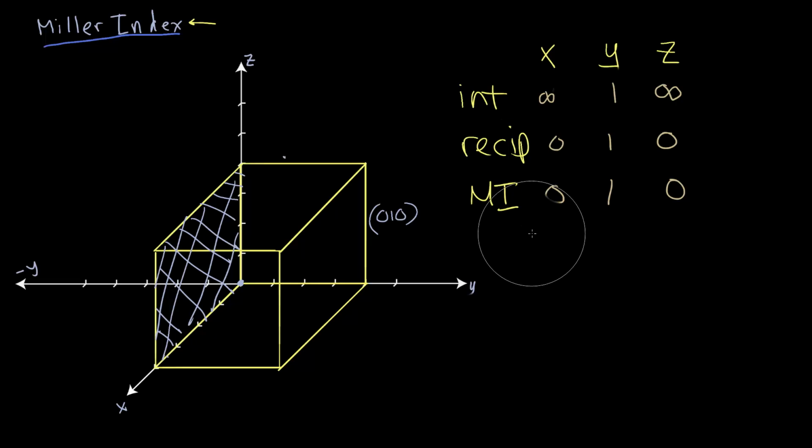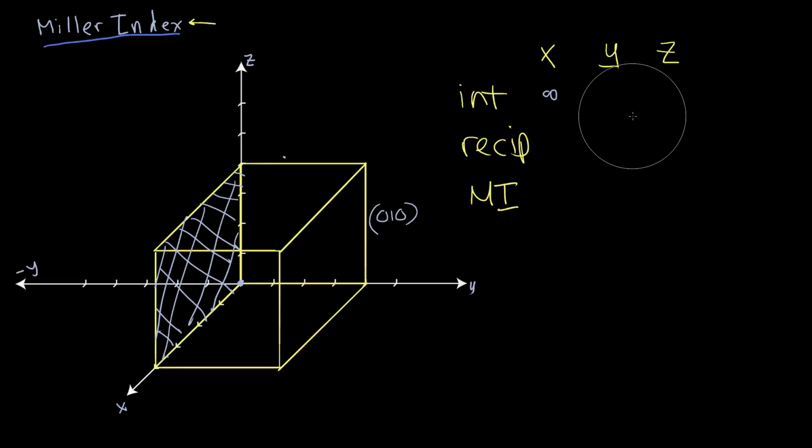Let's just try following our procedure as before and see what happens. We intercept x at infinity. We intercept z at infinity, just as our conventions say. Sorry, I wrote that in the wrong place. Intercept z at infinity and y at 0.